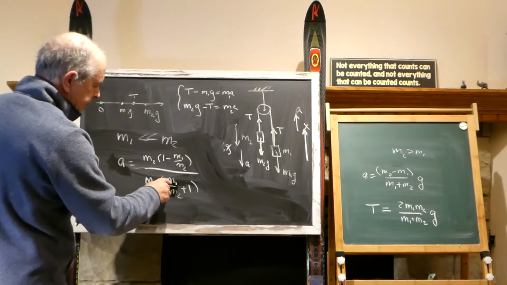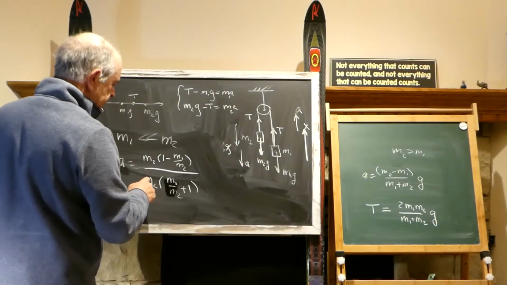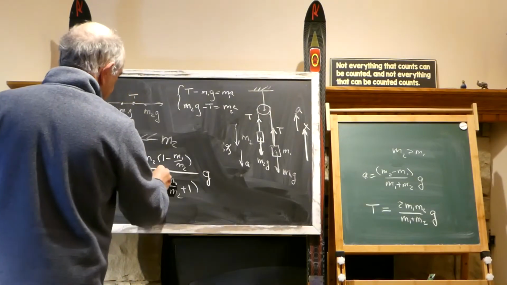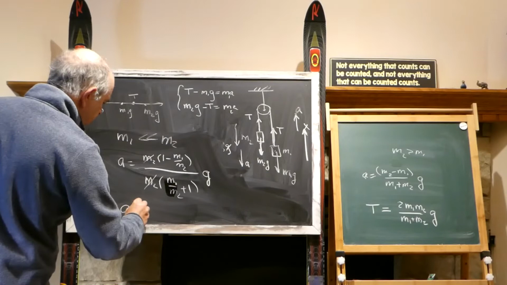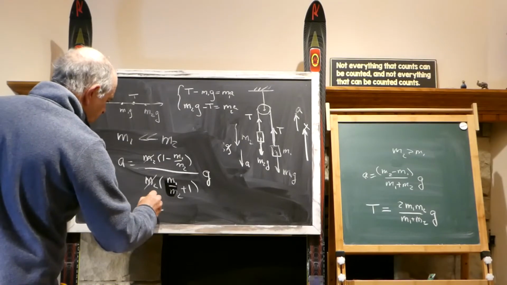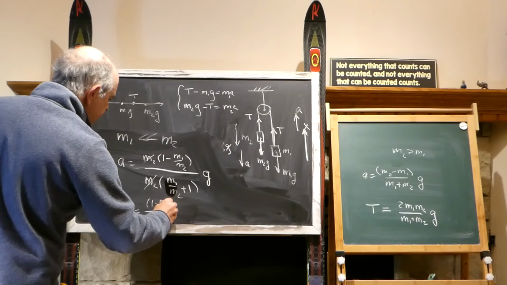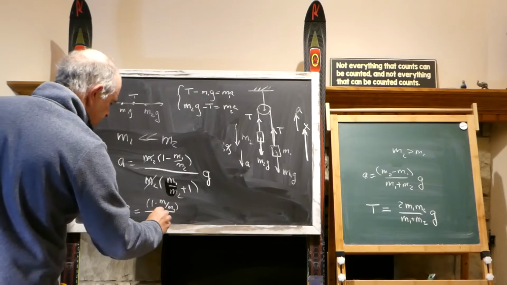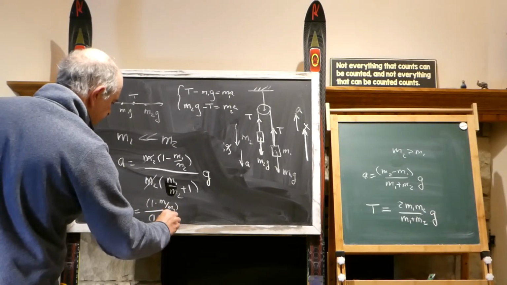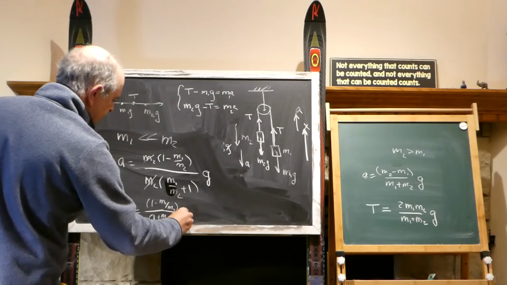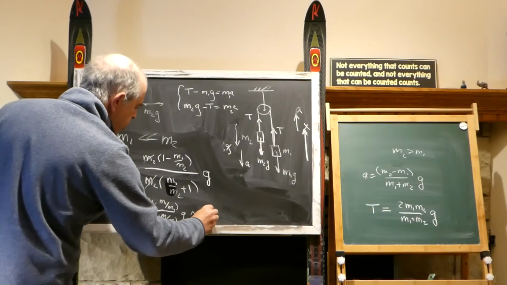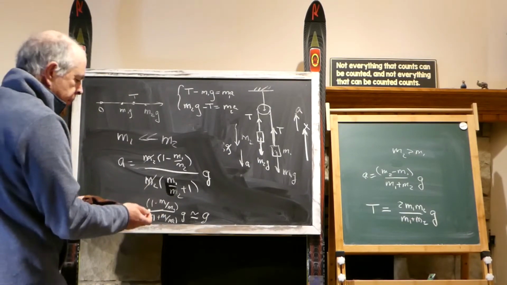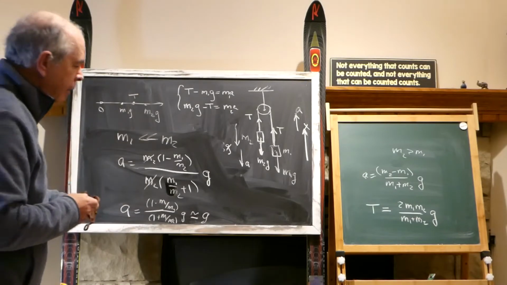Because if I multiply this by this, I will have m1, and if I multiply this by 1, I would get m2, and of course g will stay like this, and then this will be gone. Look what will happen: 1 minus an extremely small number, and on the bottom would be 1 plus this extremely small number, multiplied by g, and it will be approximately g, because it's probably 1 a little bit smaller, or 1 a little bit bigger, so this ratio would be very close to 1.